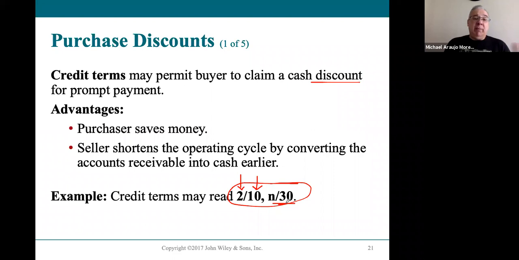This is very common because the seller is going to collect their cash early. That's the whole idea of giving the discount. I want my cash now. And if you give me my cash now, I'll give you the discount. The purchaser, the buyer here, saves money because in essence, they're going to pay less for their inventory. So this happens quite a bit.